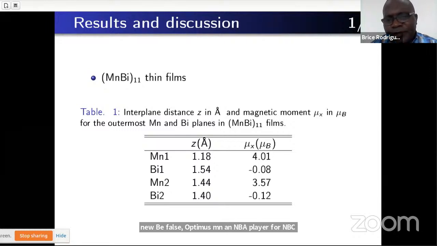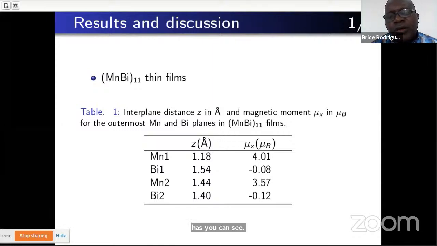As you can see, the manganese layer exhibits ferromagnetic coupling, whereas MnBi and manganese atoms exhibit antiferromagnetic coupling.